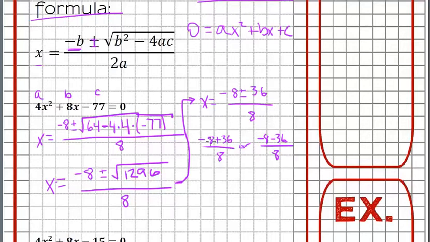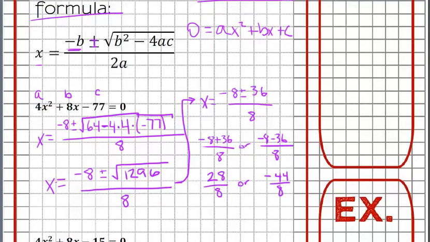And so negative 8 plus 36 is positive 28 eighths, or negative 8 minus 36 is negative 44 eighths.